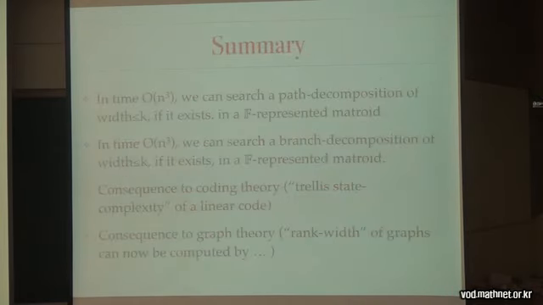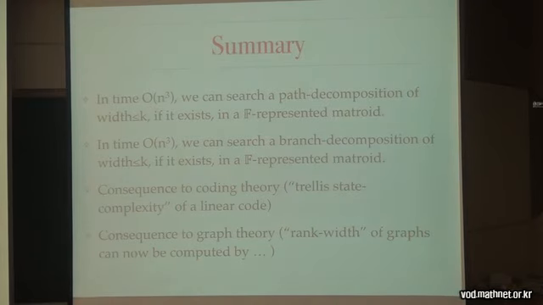So this is the summary. We have a direct algorithm that can search for a path decomposition of width at most k, or a good permutation, where for every cut you have a small dimension on the intersection. And we can also do a similar thing for branch width.